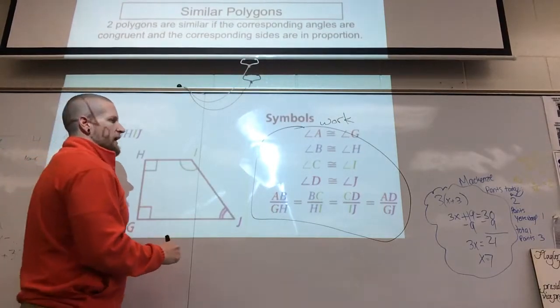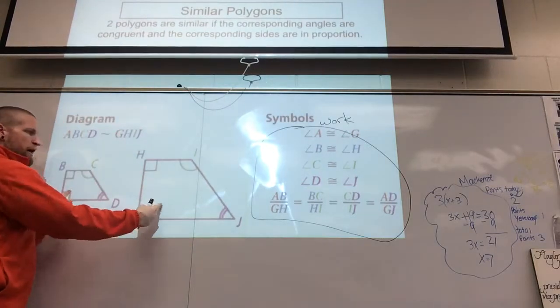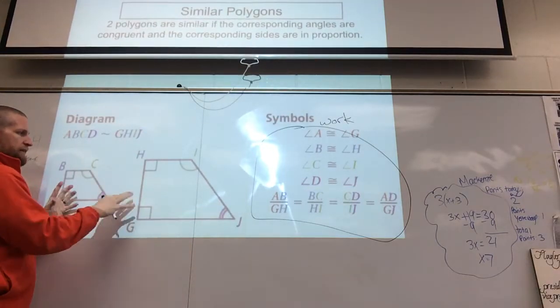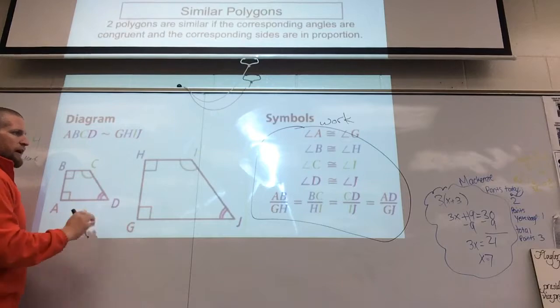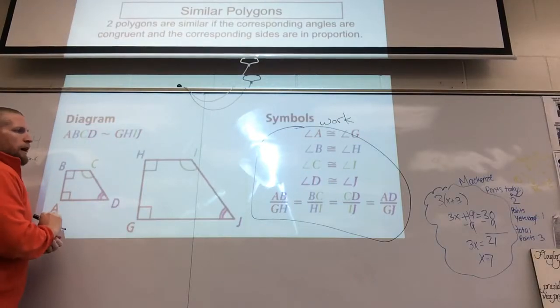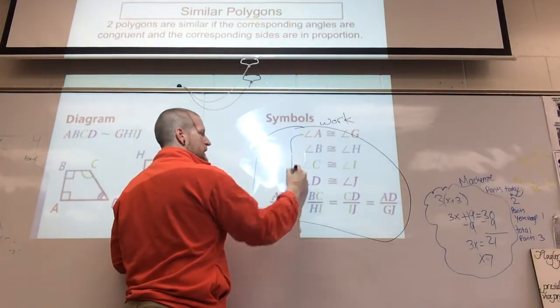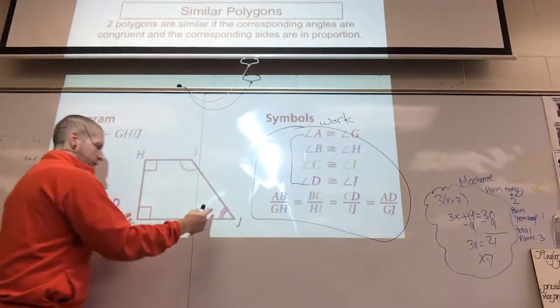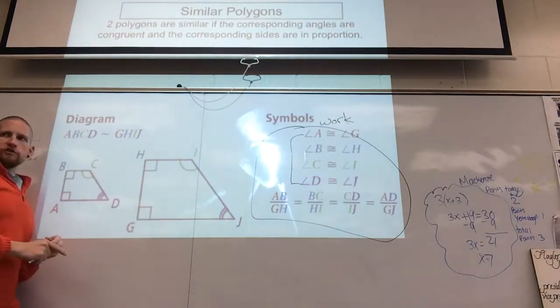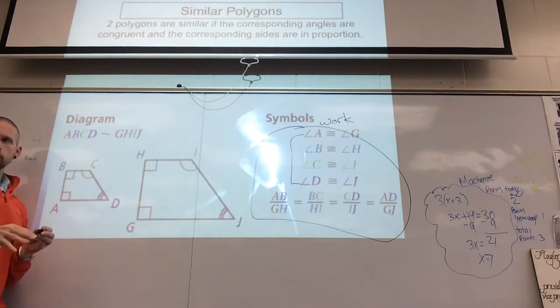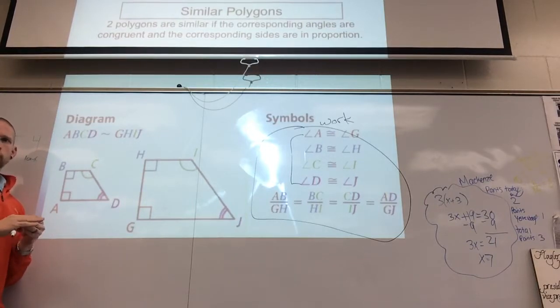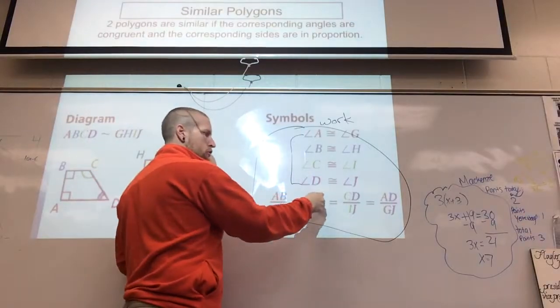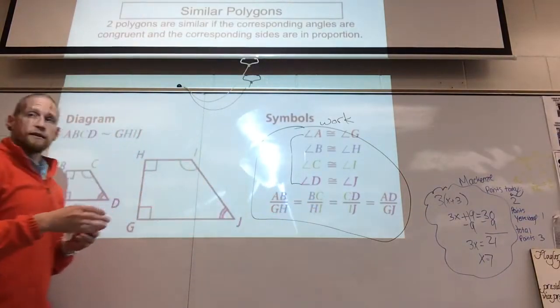The first thing I would suggest, if you have your two shapes, wherever they're at, is that these are marked nicely. Some are not going to be. The first thing I would do is check the angles, because if you cannot match up all the pairs of angles as being congruent, there's no way they're similar. That means you don't have to do anything with ratios, you don't have to reduce any numbers, nothing like that.